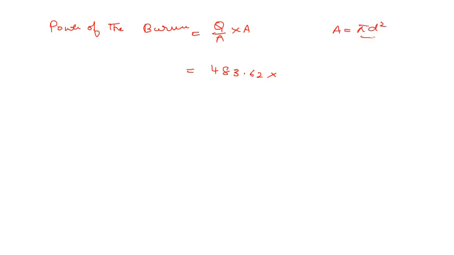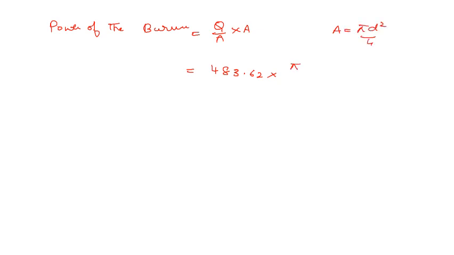To find the power of the burner, I have to multiply the heat flux Q by A into area. So I will get a power. For this we got 483.62, and area A is equal to pi D square by 4.